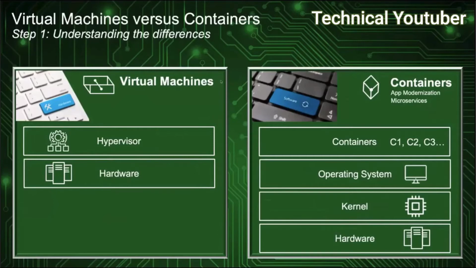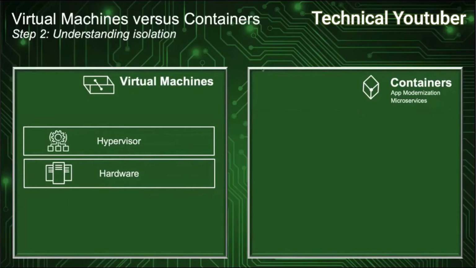The VM model illustrated here is known as a Type 1 hypervisor, or some people refer to it as full virtualization or full system virtualization. The second thing to be aware of is the type of isolation that's being achieved. With virtual machines, we are achieving isolation of machines.